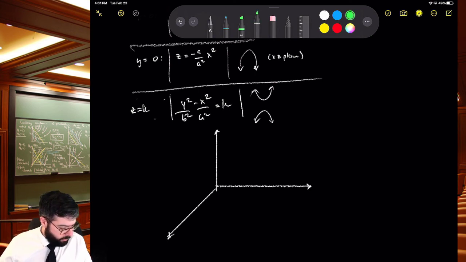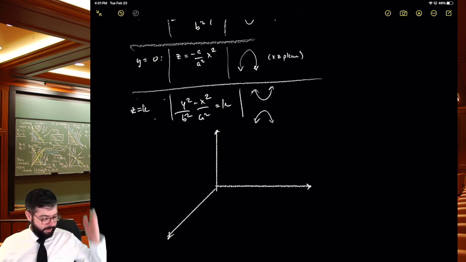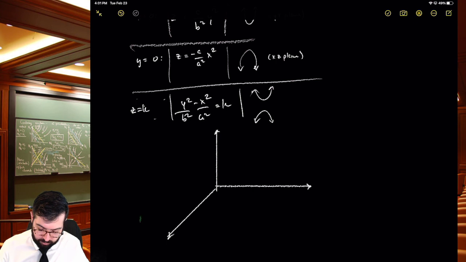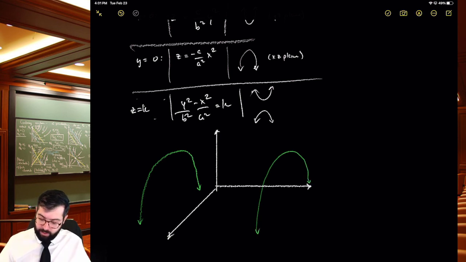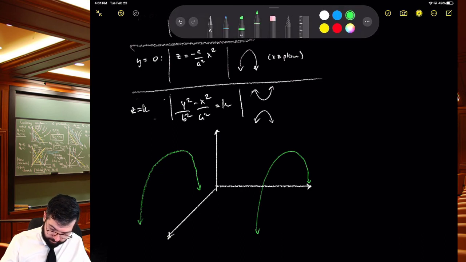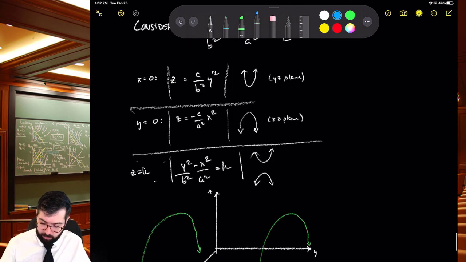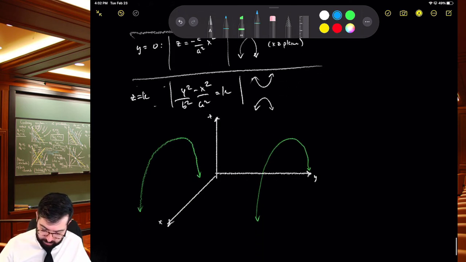Okay, so here what we have is in the xz plane, we said we had downward facing parabolas. So over here we've got one trace here, and the same happens actually over here. And then in the yz plane, so let me just label these so we're super clear. In the yz plane, we have upward facing parabolas. So it comes down something like this.